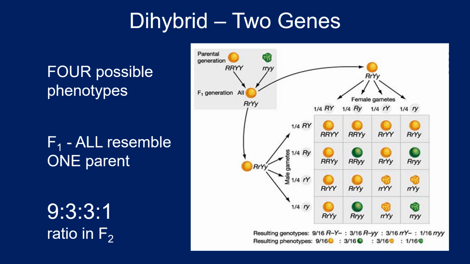There's only going to be 2 letters. And the outcome that you have in the Punnett square is always going to be diploid. There's going to be 4 letters. So you can see that there's 9 ways that we can get a situation where we have individuals that look like the homozygous dominant parent.